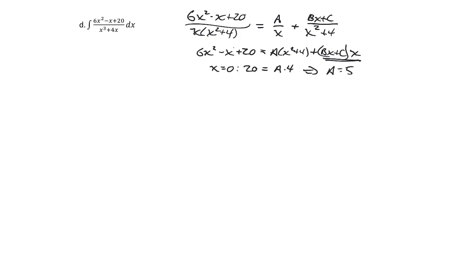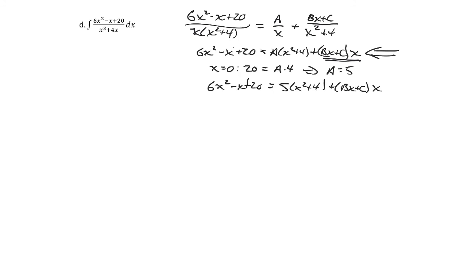As we did in the previous example, we'll take that a equals 5 and substitute it into this equation. We'll have 6x squared minus x plus 20 equals 5 times x squared plus 4 plus the quantity bx plus c times x.